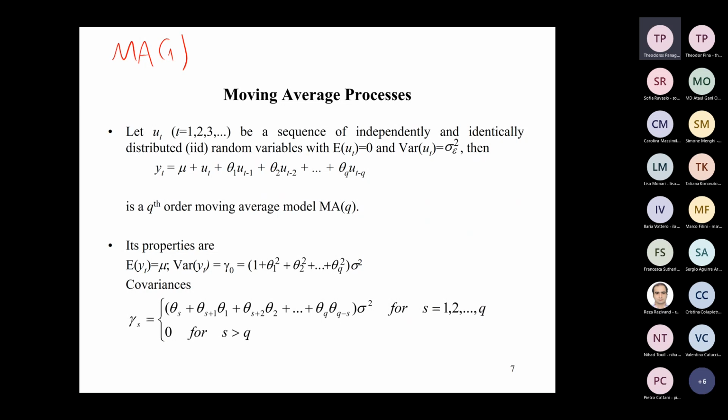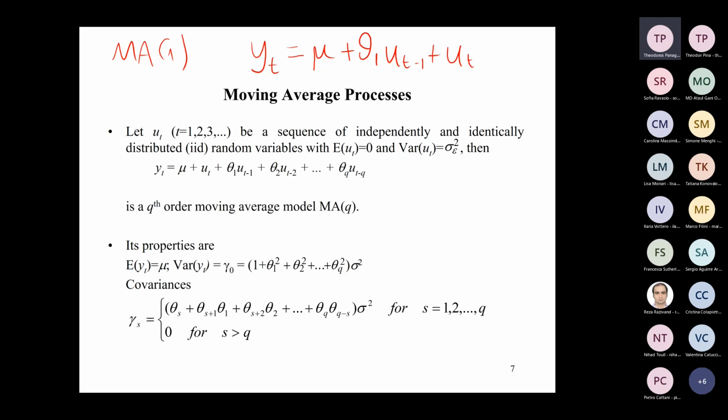The moving average model says that the variable I'm investigating, the variable I want to explain, yt, is equal to a constant term, mu, plus a coefficient theta 1 times the lagged value of the error, plus the error.